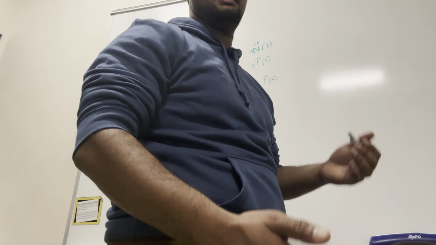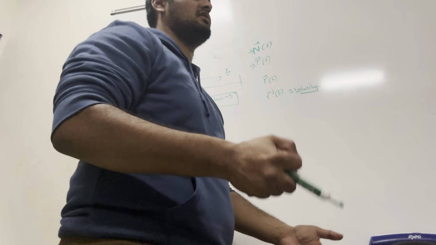So if we take a path r of t and I want to find its tangent, then all that I do is find the derivative of it, which is also our velocity. So in essence, what I'm saying is velocity dictates my path.